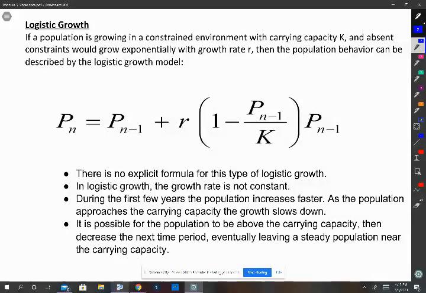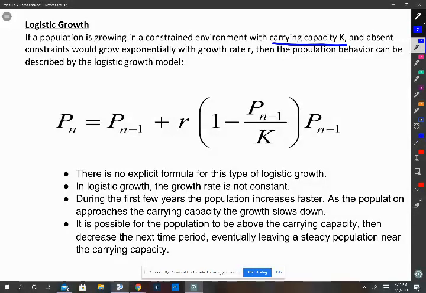So it's closed. So the environment has a carrying capacity. And that's the key to logistic growth, is that it can only sustain or take care of so many before there's not enough room or not enough food or not enough space. I guess space and room would be the same thing. So anyway, that's kind of what it means.